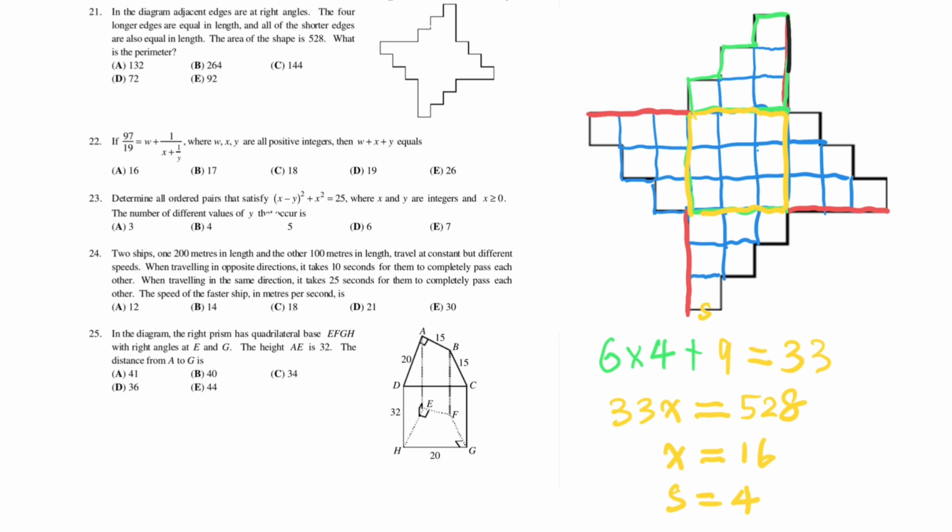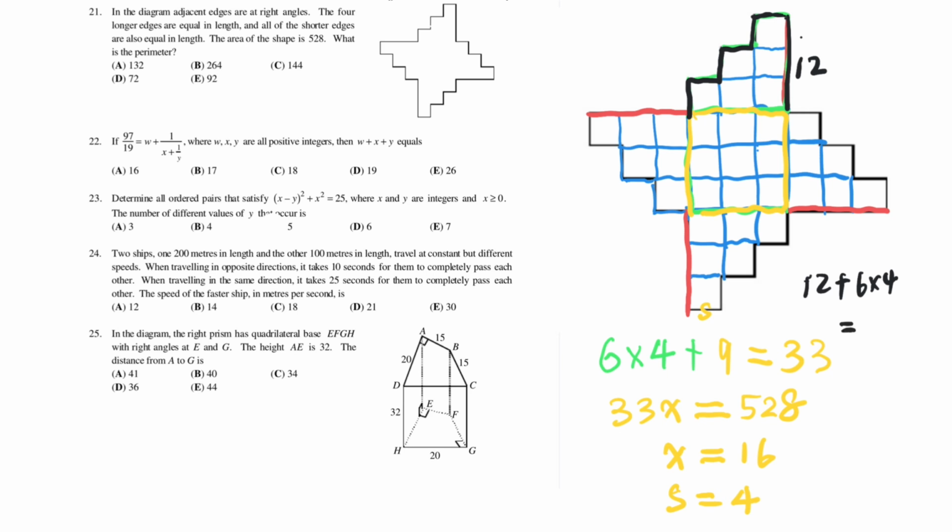For each of the four identical irregular shapes, the longer side will be 3 times 4. That's 12. And we have 1, 2, 3, 4, 5, 6 smaller ones. That's 12 plus 6 times 4, that's 24.